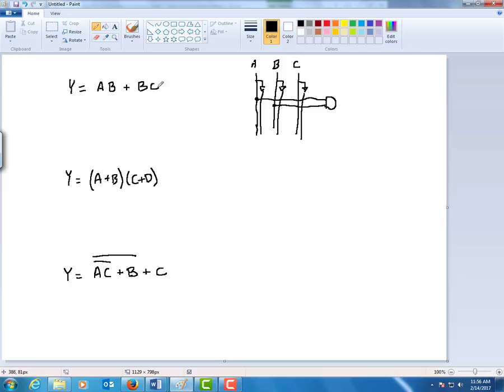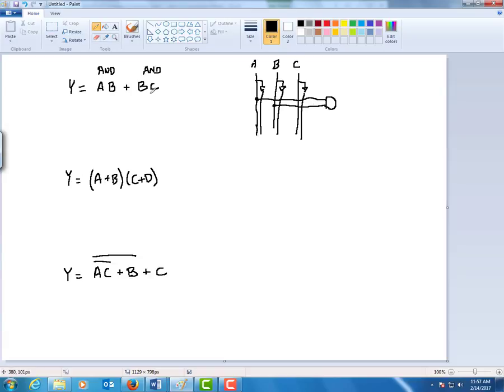Now the other one is BC. Again, this is an AND gate, isn't it? It's an AND gate.